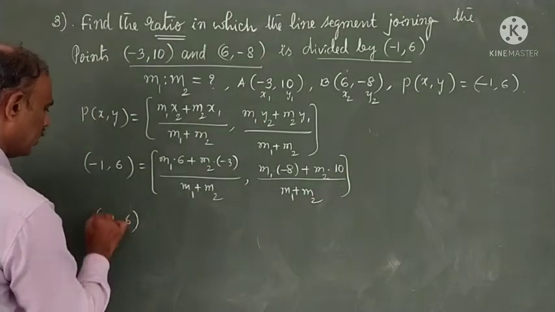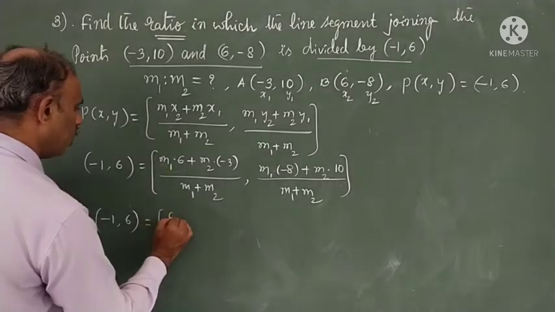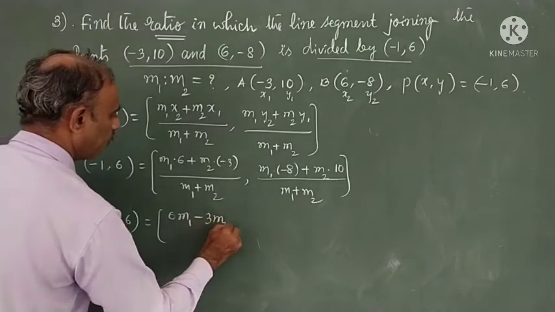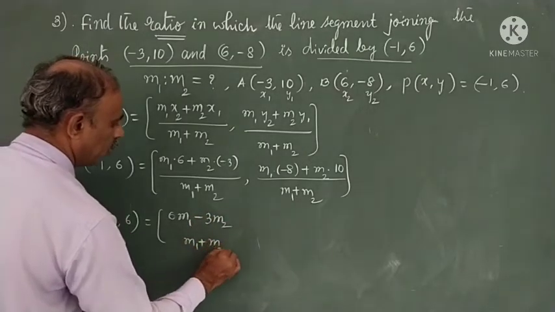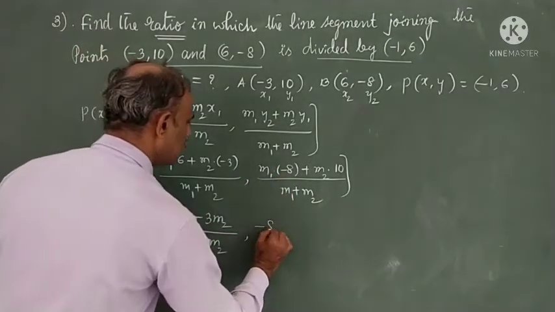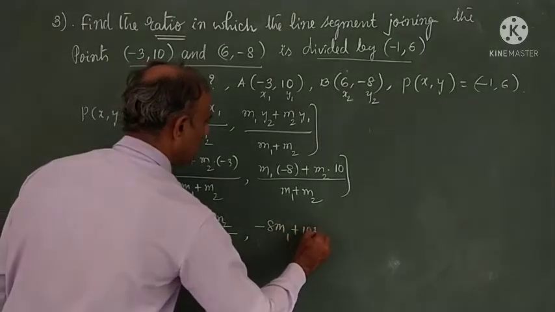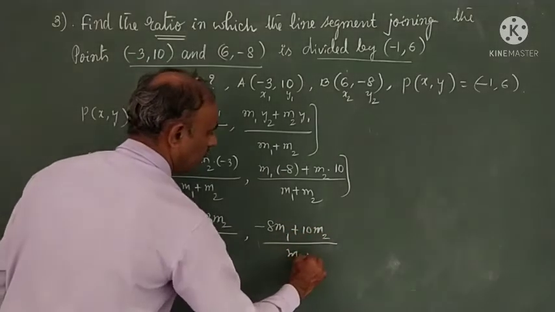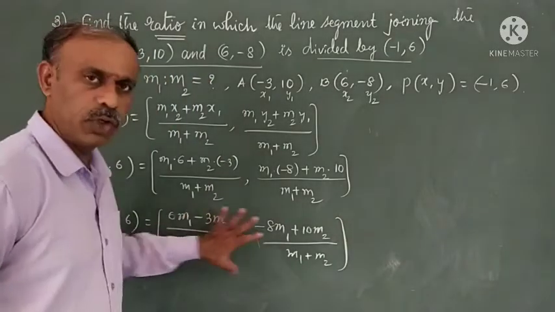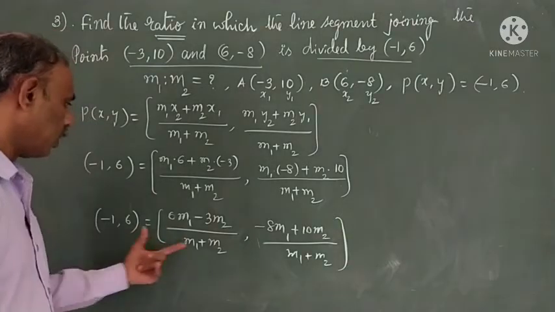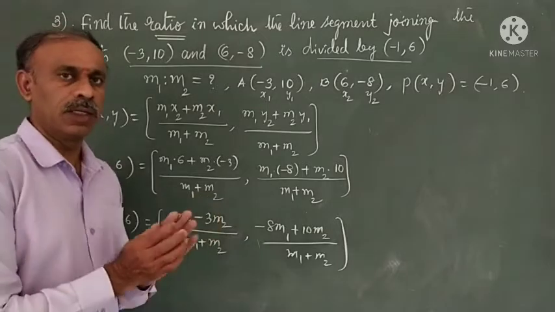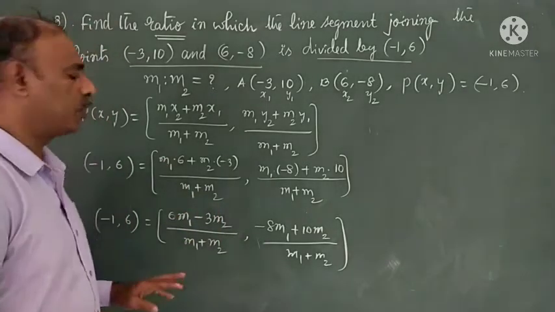So (-1, 6) is equal to (6m1 minus 3m2) divided by (m1 plus m2), and then plus into minus gives (-8m1 plus 10m2) divided by (m1 plus m2). Here we need to find the ratio.